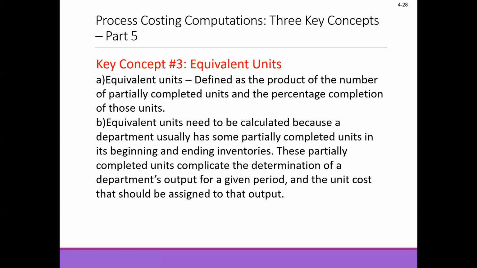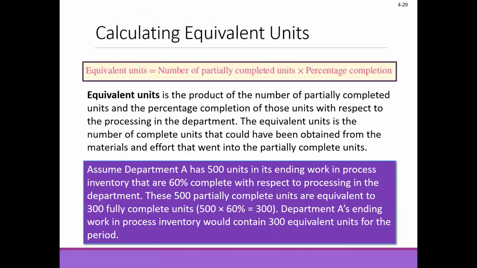So equivalent units are the number of partially completed units times the percentage completion of those units with respect to the processing in the department.